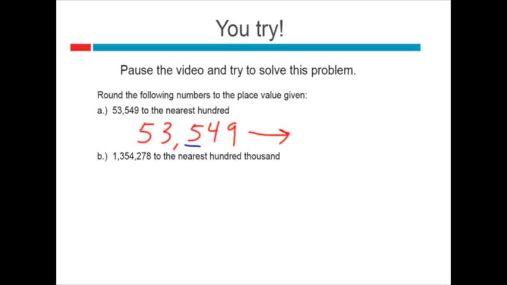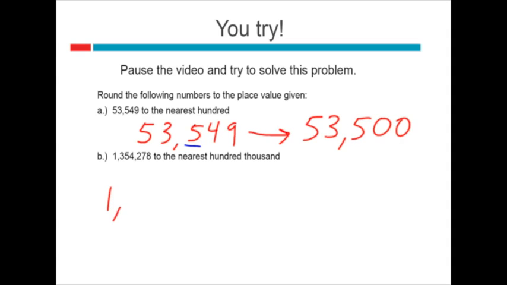And since a 4 is between 0 and 4, I'm going to round down, which means my round-off digit, the 5, stays the same, and I replace the digits after it with zeros. So 53,549 rounded to the nearest hundred is 53,500.